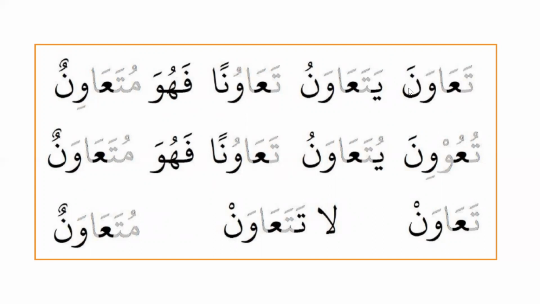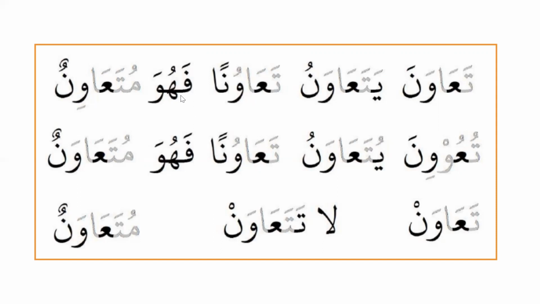The root letters are in bold, or the symbol of mudare is in bold. Otherwise, this ta is coming from the family, this alif is coming from the family, which is in lighter shade. This ta again from the family, this alif again from the family. So this is ta family, extra hamza family, and fataha family.